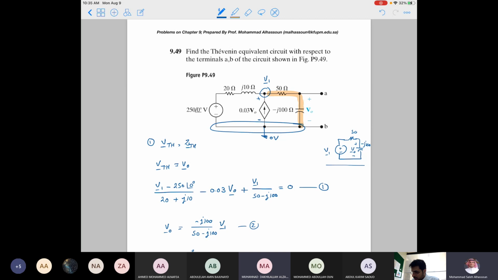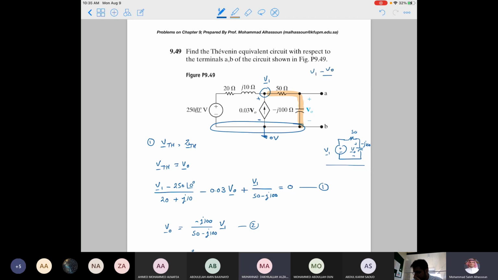Shouldn't we say for the right loop that V1 minus V0 over 50, and then plus V0 over minus 100J?